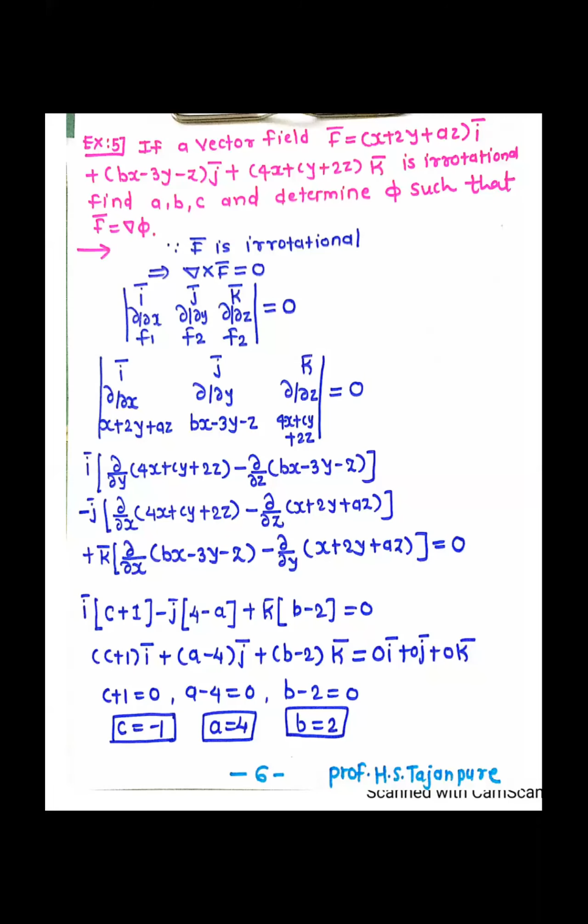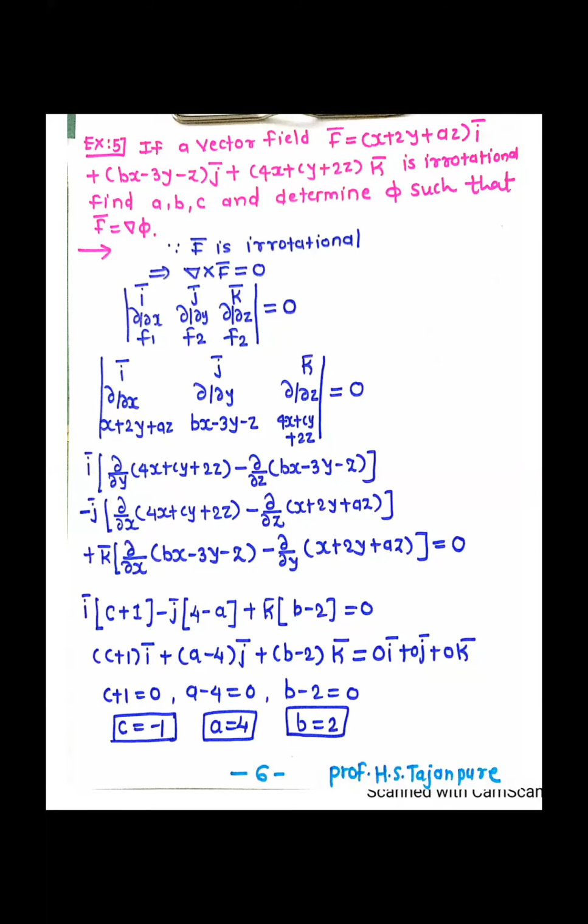Here they have already given that vector F bar is irrotational, and we have to determine the values of a, b, c, and then we will find the value of phi.